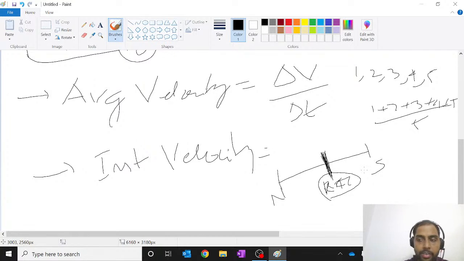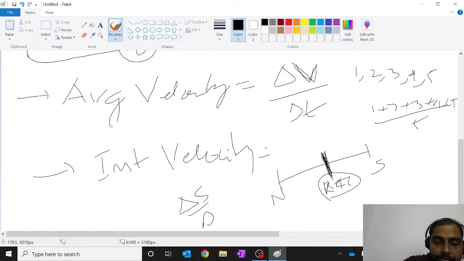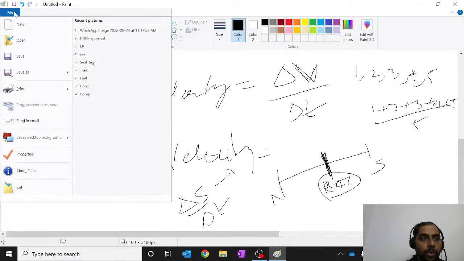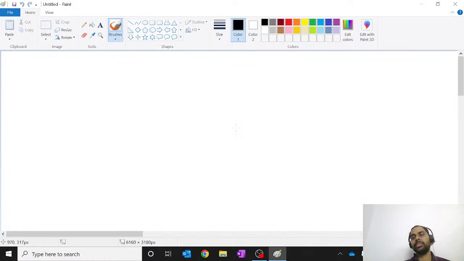Similarly, you have instantaneous speed and average speed as well. Average speed is nothing but delta s by delta t. Clear? Now, in all of this, you have multiple scenarios coming in.